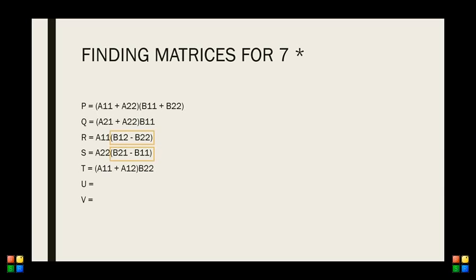I'll just consider first the S one and then the R one, as highlighted. b21 minus b11 will be written in terms of a. So I will get here, from bottom to top, a21 minus a11 and a12 minus a22.